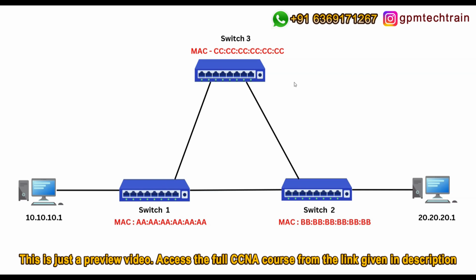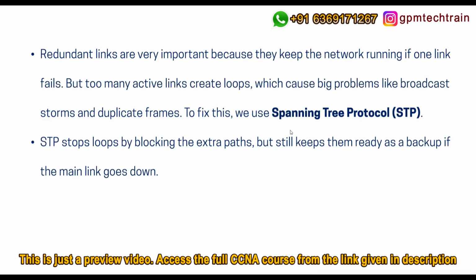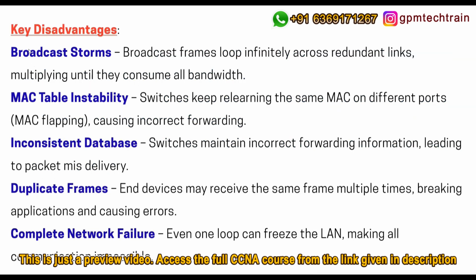So we want to use it in an efficient way. There is a solution to it, and that's what STP is. STP helps to use the redundant link, and at the same time it stops the broadcast storms, solving all these problems.